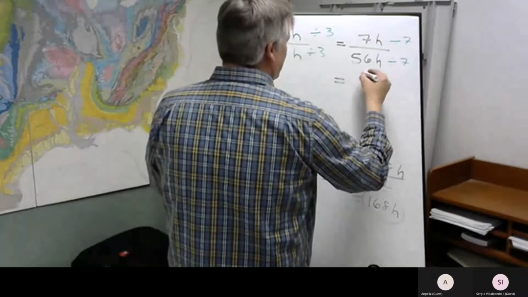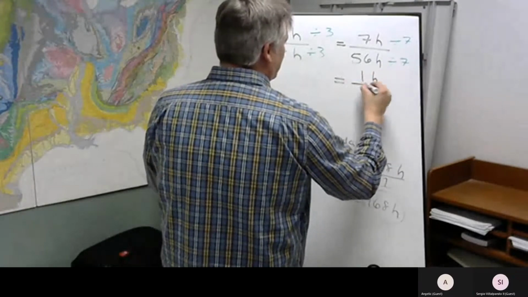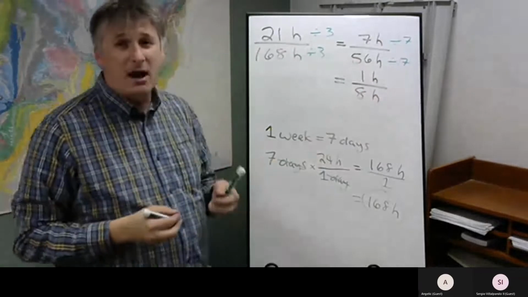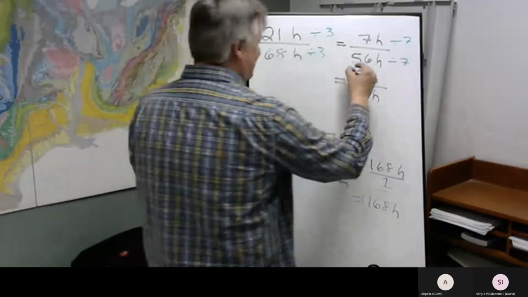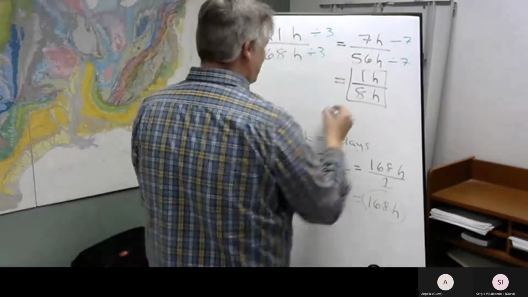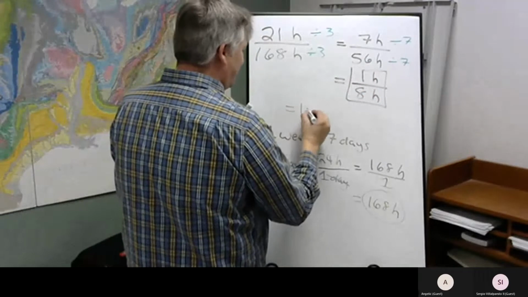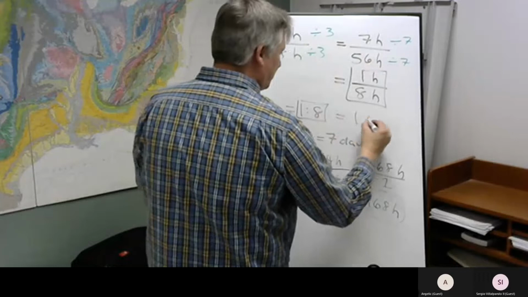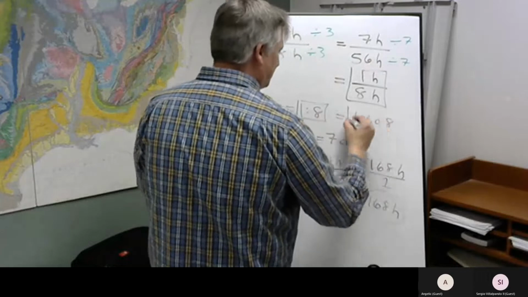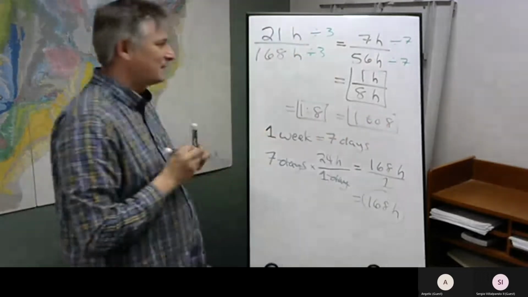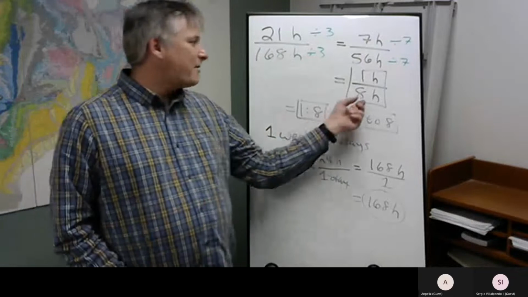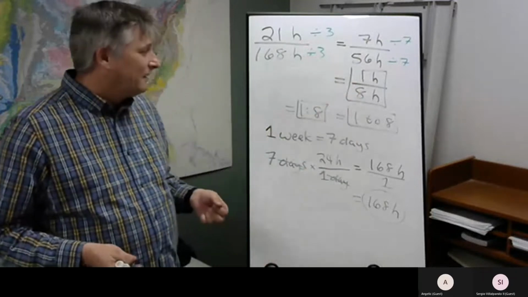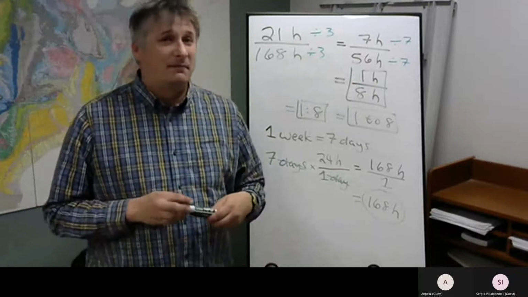And so we get 1 hour of television for every 8 hours in a week. One to 8, or with the 2 spelled out. But for every 8 hours in a week, someone's watching an hour of television. Questions about that?